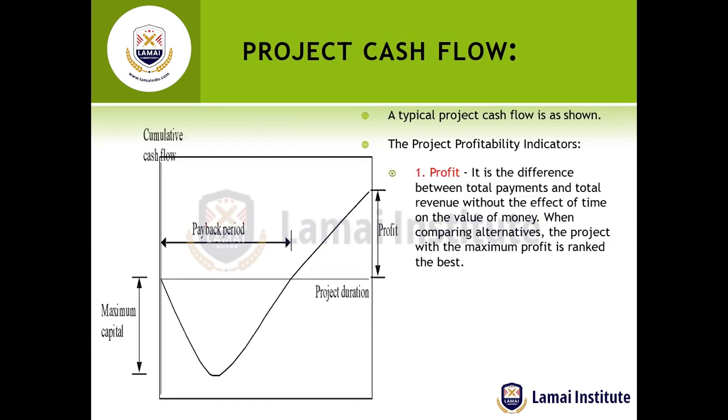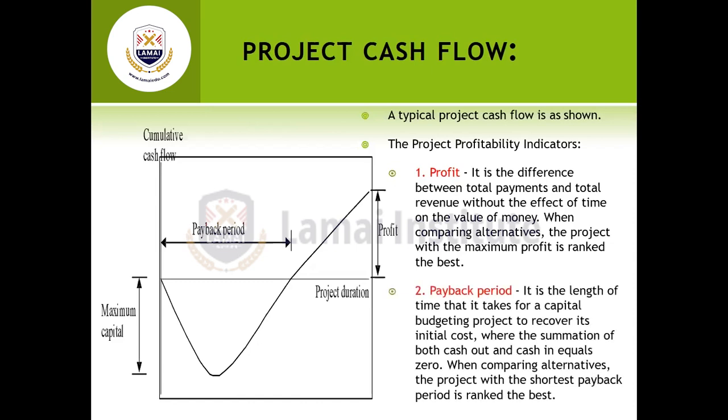The other thing is the project profitability indicators. There are several components in the project profitability indicators, and one of them is what we call profit. This is the difference between the total payments and the total revenue without the effect of time on the value of money. When comparing alternatives, the project with the maximum profit is ranked the best.